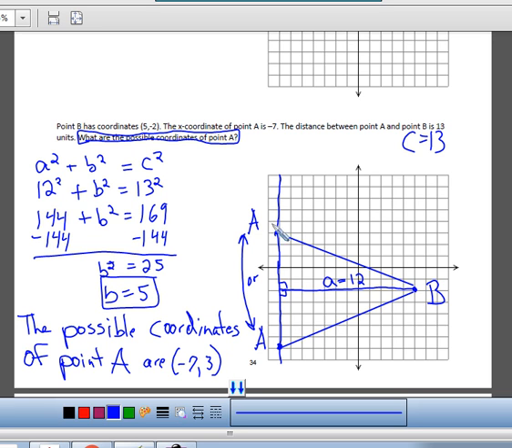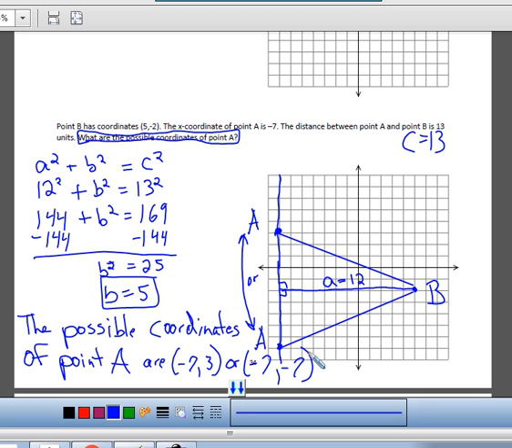That's the A up top. And then the A down here at the bottom is -7, -7.